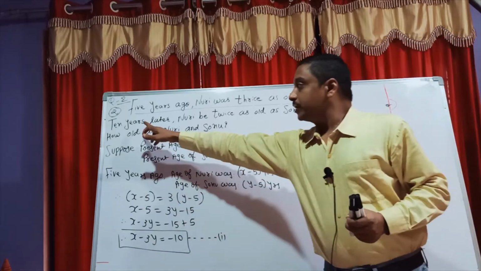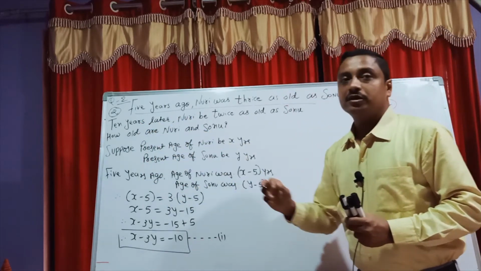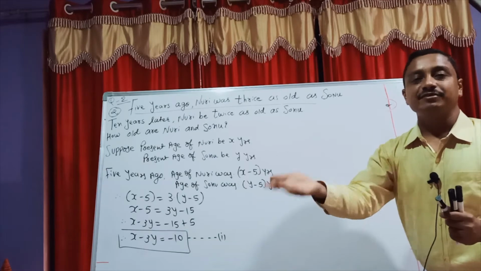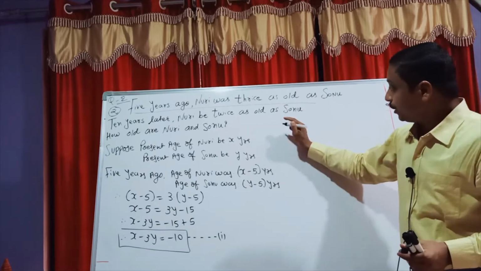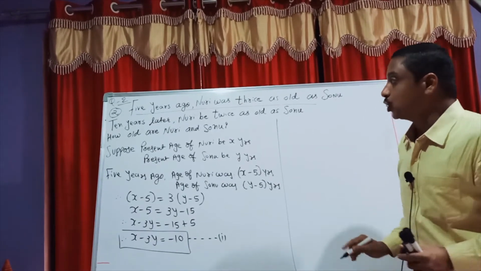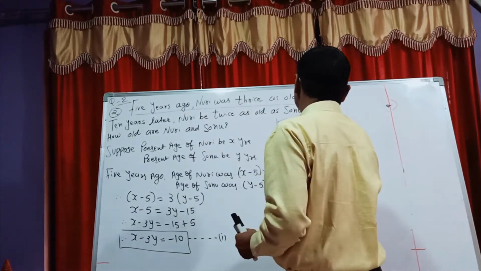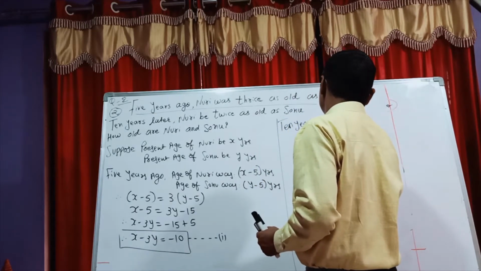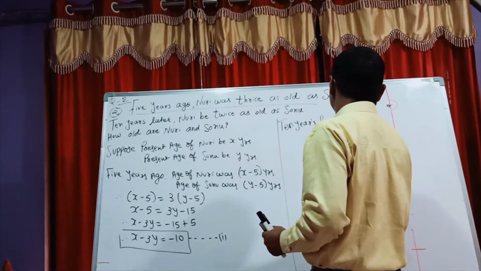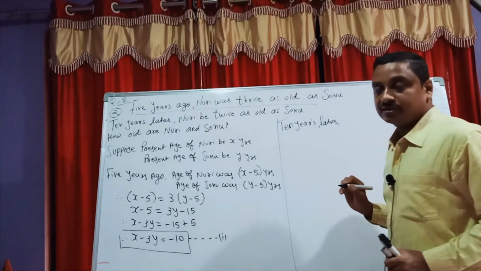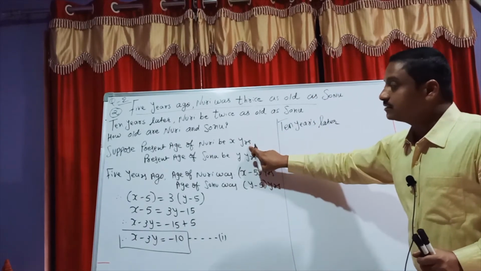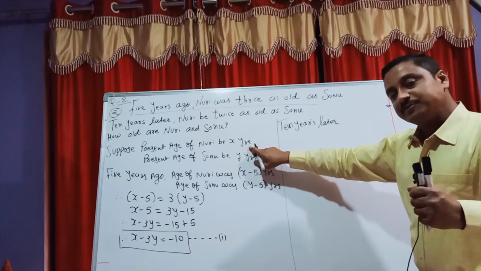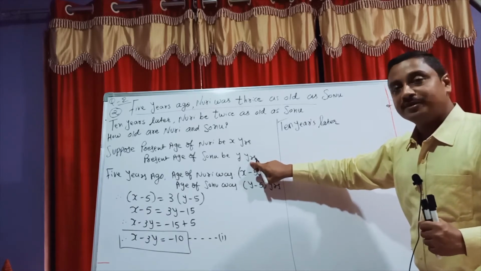Now second, read 10 years later. 10 years later means it is given in the future tense. So present is converting into future tense, students. So 10 years later means after 10 years. Present age is x, so what is it after 10 years? x plus 10. Similarly here y plus 10.